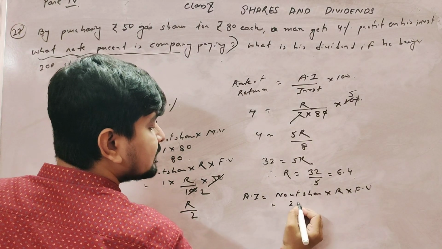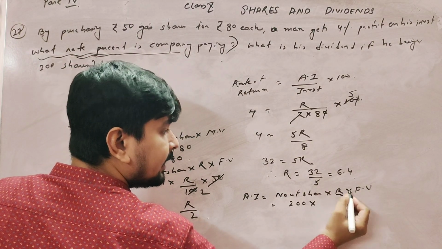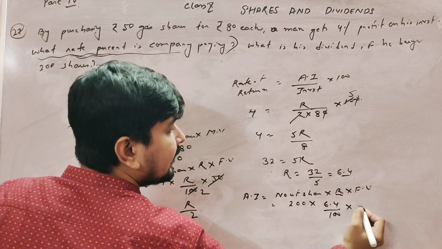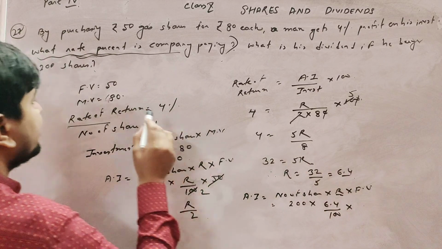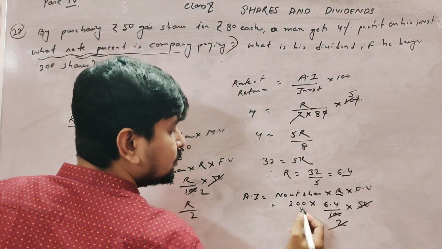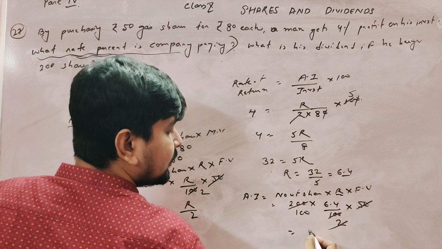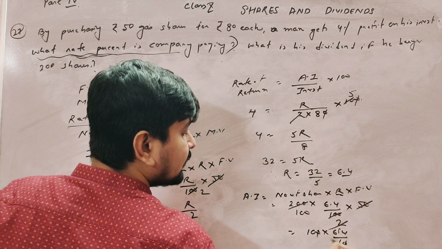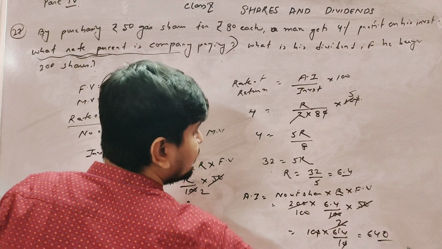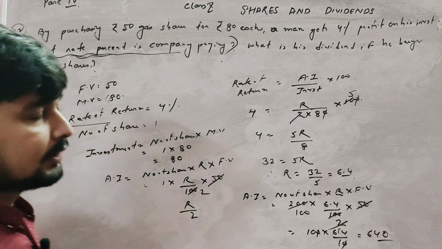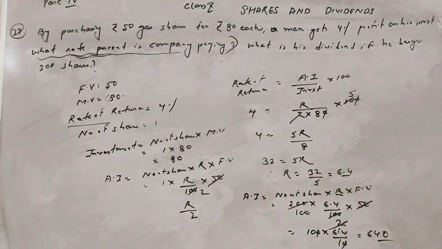The number of shares is 200, the rate we found is 6.4 upon 100, and the face value is 50. So that is 2, that is 100. So 100 into 6.4 is 640. So the dividend we earn is 640.